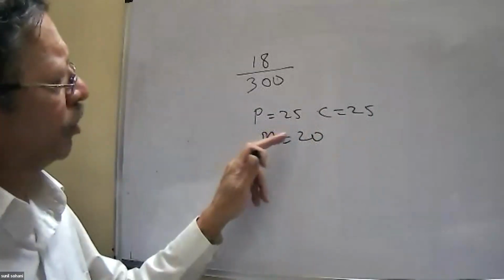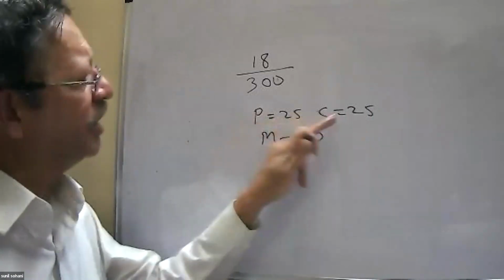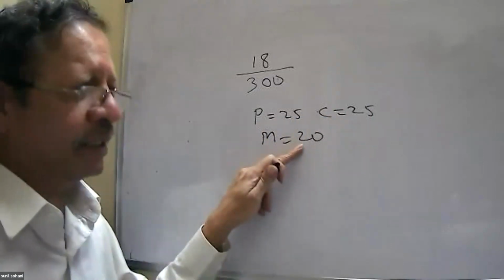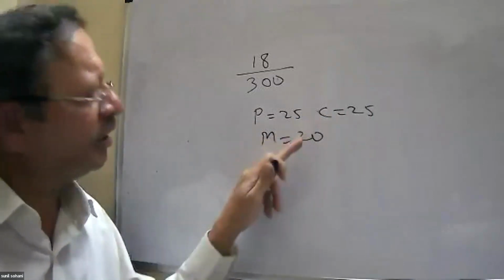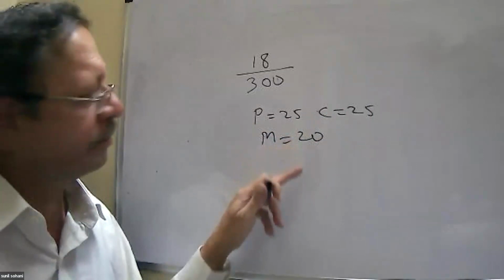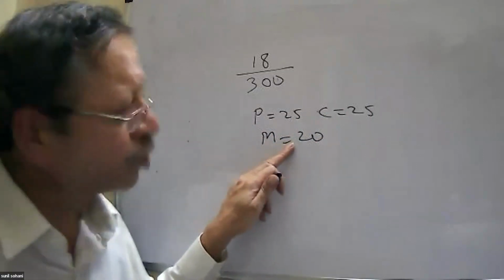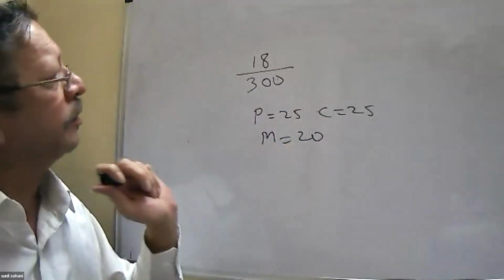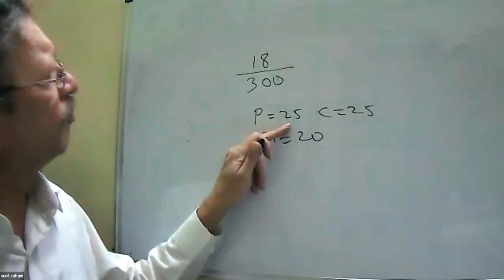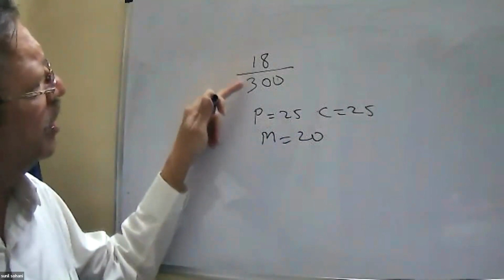Those who got this score, that means 5 questions correct in physics, 5 in chemistry, and 4 in maths. So this cutoff can vary plus or minus 5. It depends on the question paper and the type of students solving it. With this cutoff, only 18 are selected out of 300.